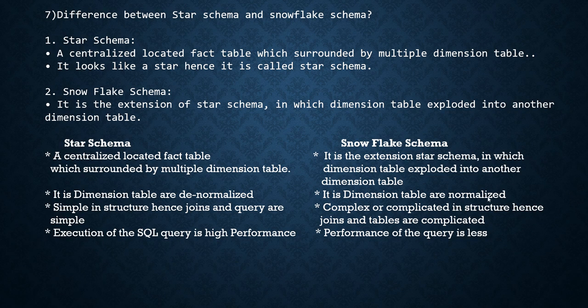Star schema is simple in structure, hence joins and queries are simple. Snowflake schema is complicated in structure, hence joins and queries are also complicated. Star schema performance is high as compared to snowflake; snowflake schema performance is low.